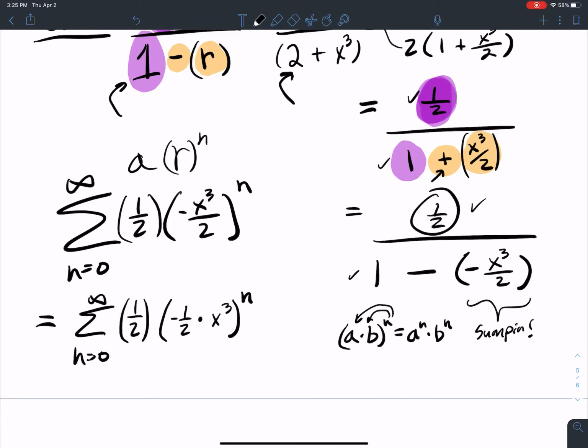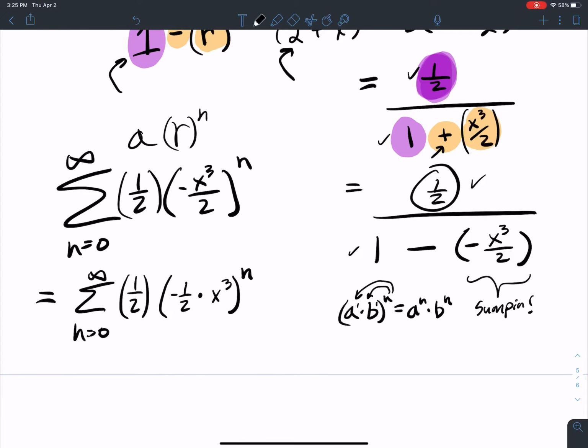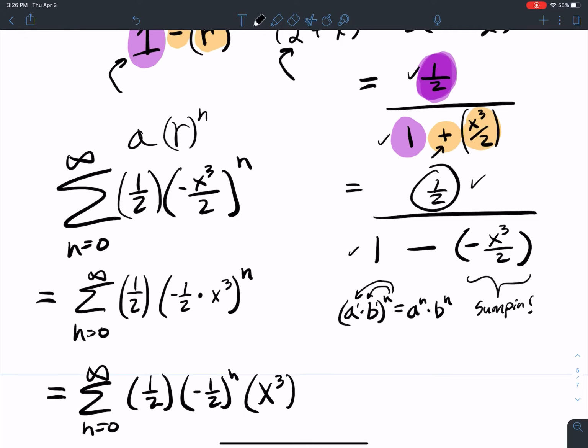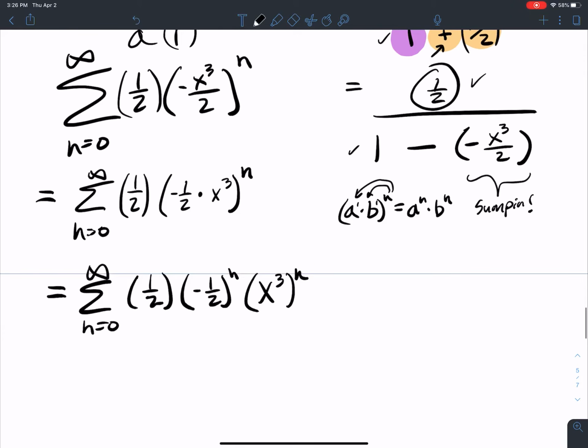That exponent transcends into the inside of our parentheses with exponent laws. And so what does this become? This becomes negative 1/2 to the n, and then x cubed to the n right here.